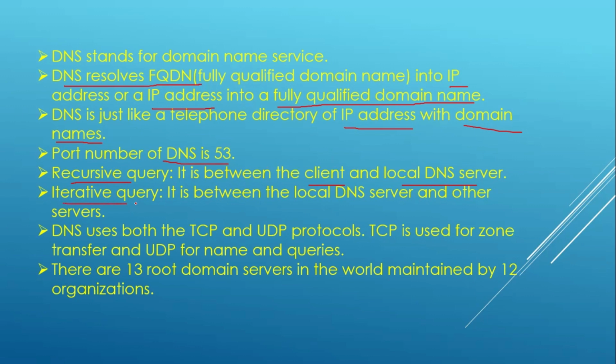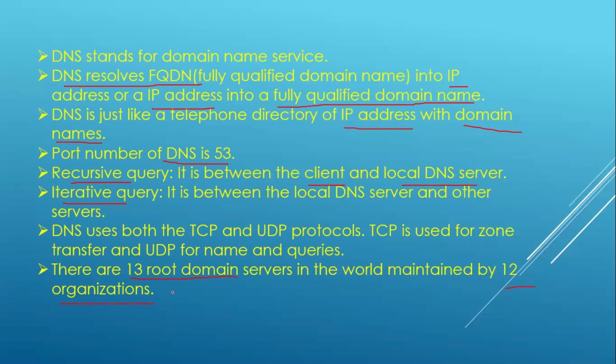So here it has to go through a certain process. The first thing it has to do is get to the root domain server. The local DNS server approaches the root domain server. There are 13 root domain servers in the world and they are maintained by 12 organizations.